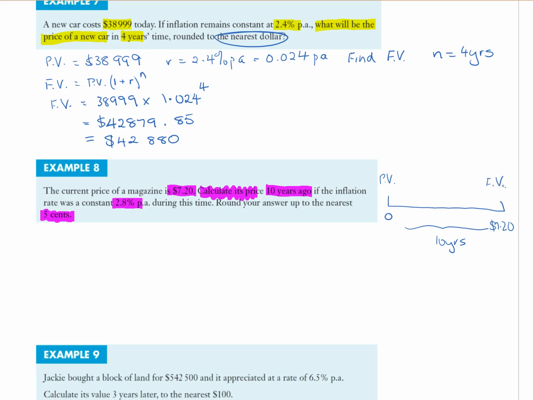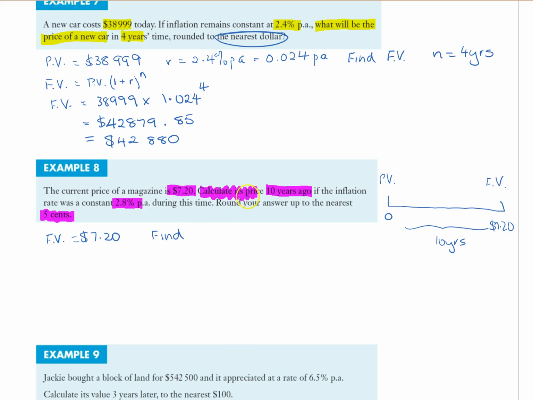It's almost like we've got to go back in time and imagine we're here saying, well, I don't know how much the magazine is, but I do know that in 10 years' time the magazine is $7.20. So let's write up what our numbers represent now: the future value is $7.20.